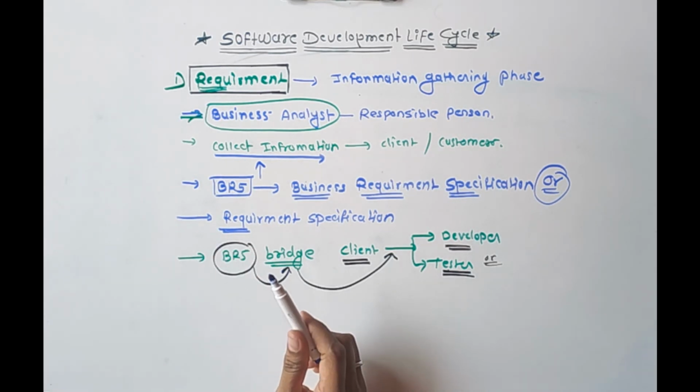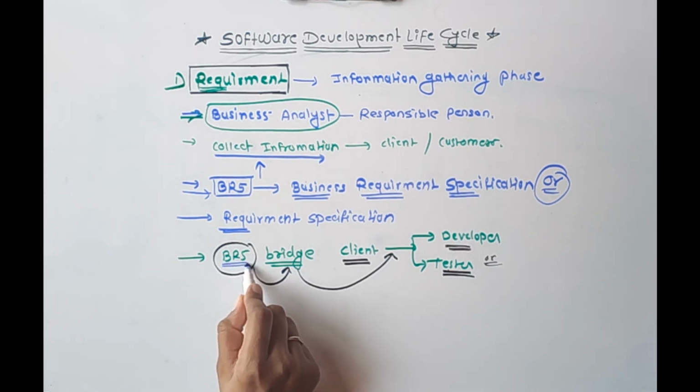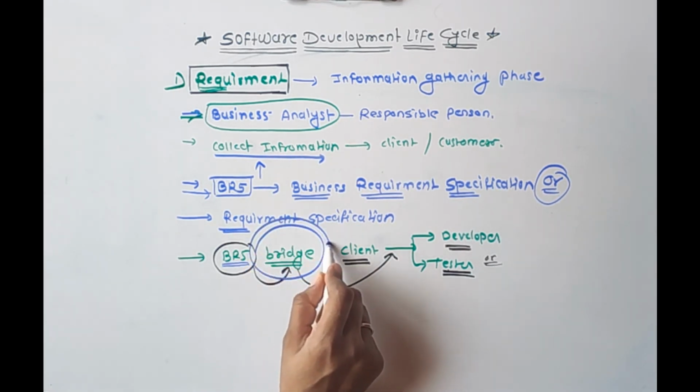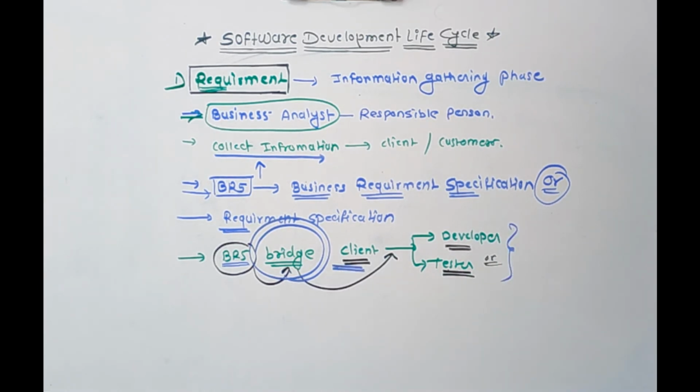On the basis of the information gathering, the BRS document gets prepared, and that document is called the requirement specification. The name will vary as per the organization. The BRS document is the bridge between client and testers.